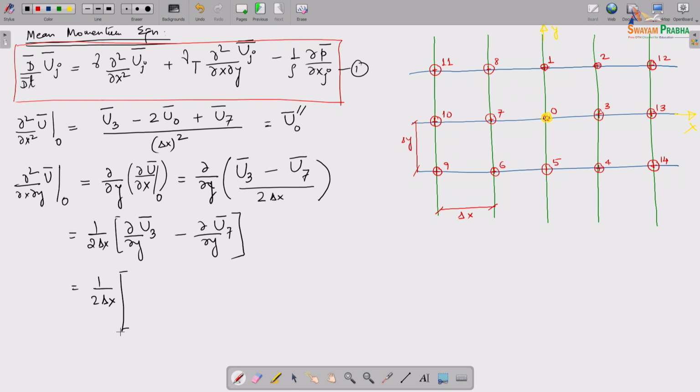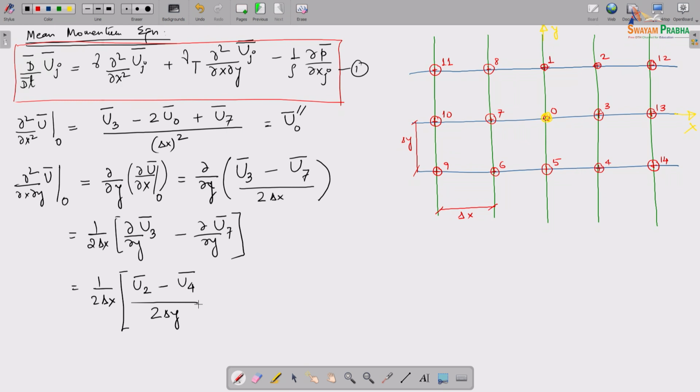Why didn't I write that? For example, u3 is going to be in the y direction, so I go to a function value which is ahead of it. So I am going to write this as u2 minus u4, the one that is behind it, by 2 delta y, because I am doing it in the y direction. Now, why can't I write u4 minus u2?